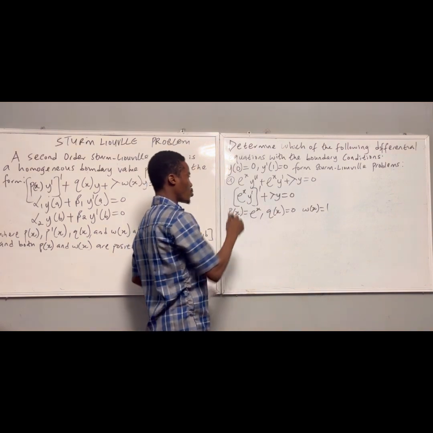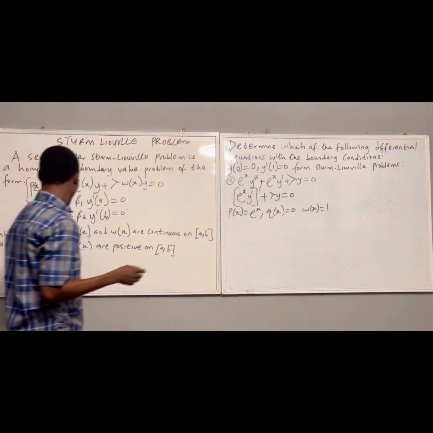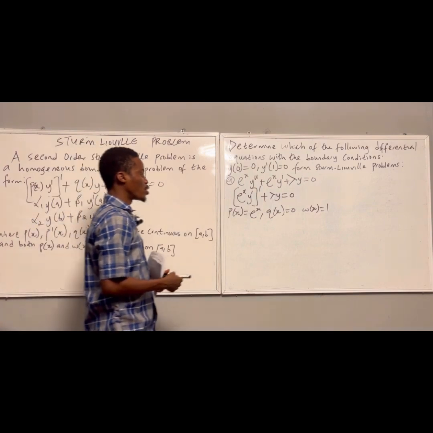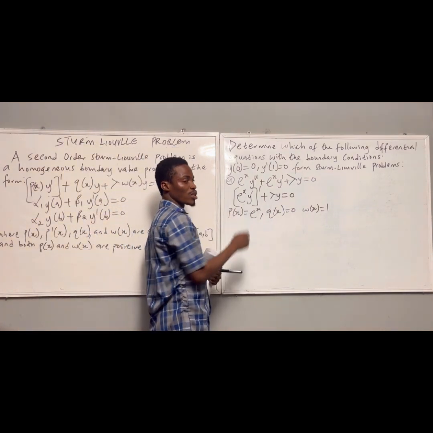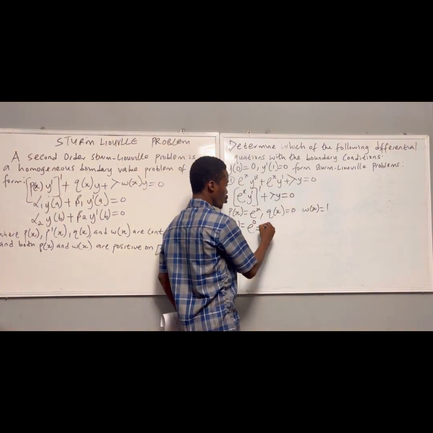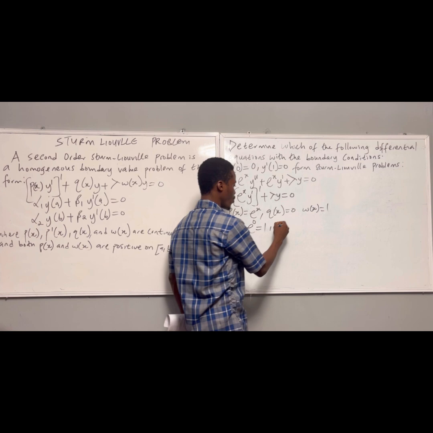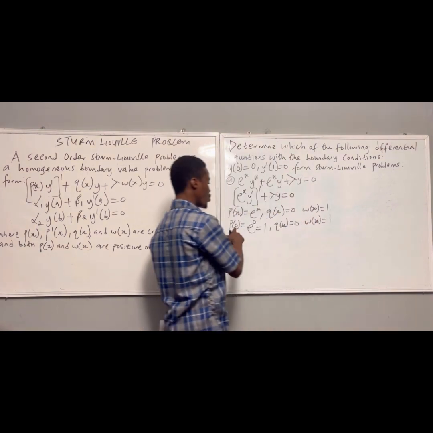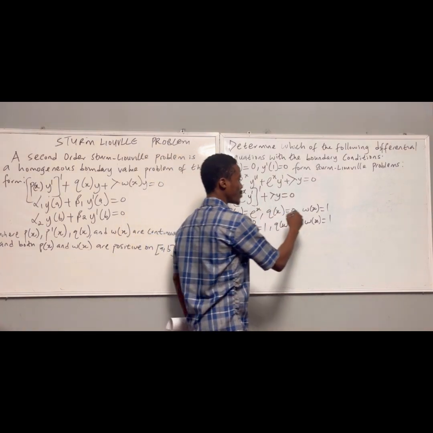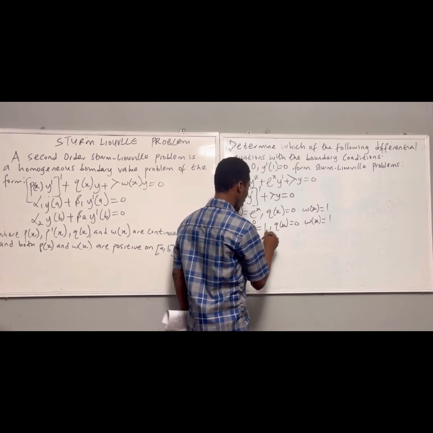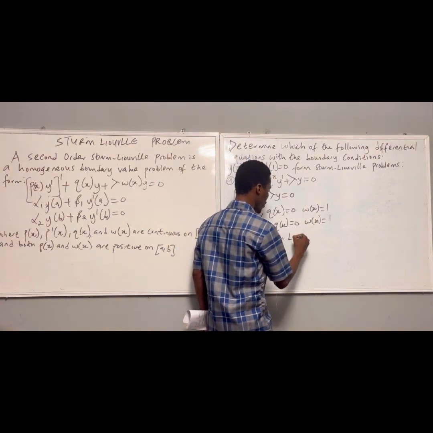For this to form a Sturm Liouville problem, we will now check if both p of x and w of x are positive. So let us check. For p of x to be positive, we have e to the x. If I set p of 0, I'm going to have e to the 0, which is 1. Then q of x is equal to 0 and w of x is equal to 1 already. So it is a Sturm Liouville problem.